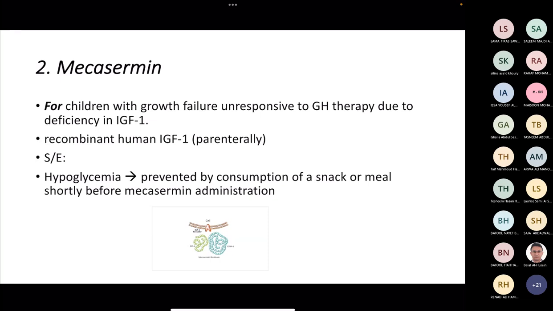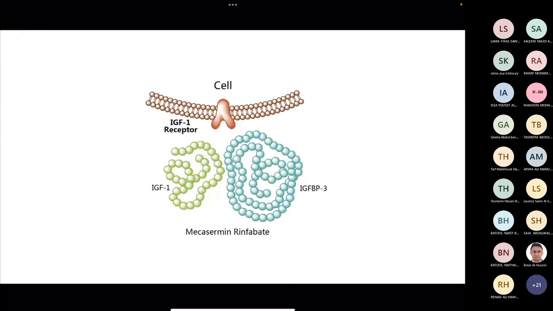Now, mecasermin is given parenterally in the form of recombinant human IGF-1, but we also have another drug called mecasermin rinfabate. Now, mecasermin or growth hormone or IGF-1 or sex hormones like, let's say, estrogen or progestin, all those hormones have carrier proteins which carry them to the site of action, and then they are released there.